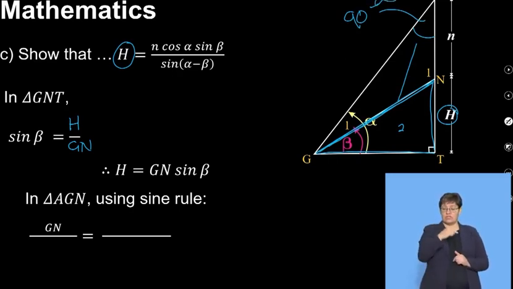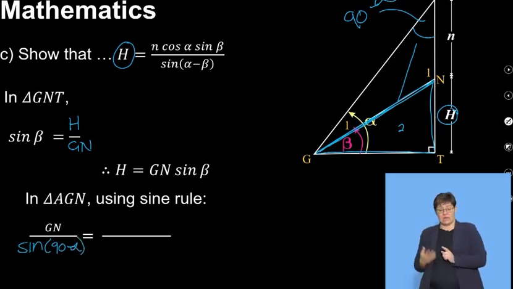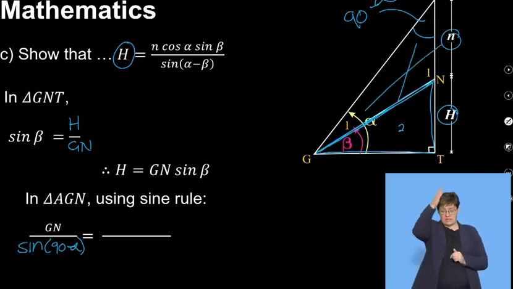So in other words, gn over the sine of the angle across it, sine of 90 minus alpha, is equal to the other side that we have an expression for, which is an, or n, and the sine of the angle across it.